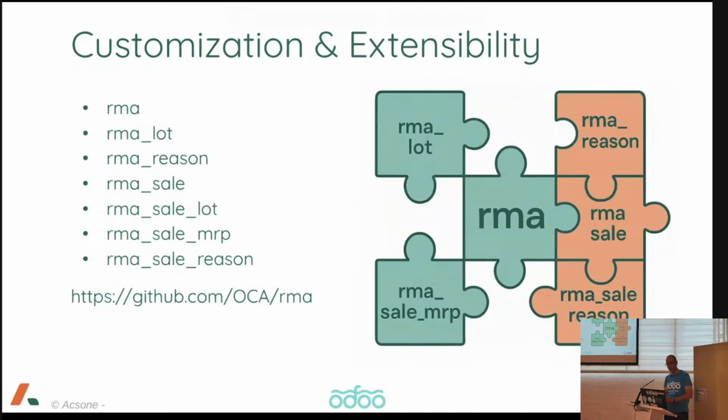So if you want to contribute, use this module. You can access the repo using this link. In V16 there was RMA sale MRP. We added lot tracking, reasons, as I said, and operation.